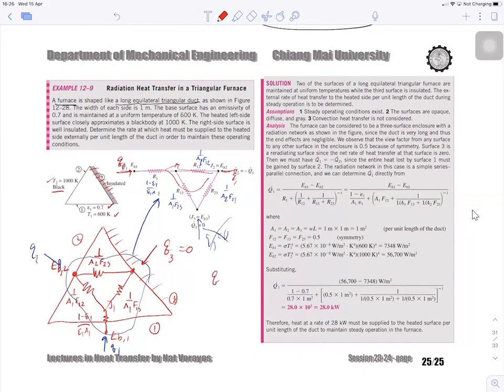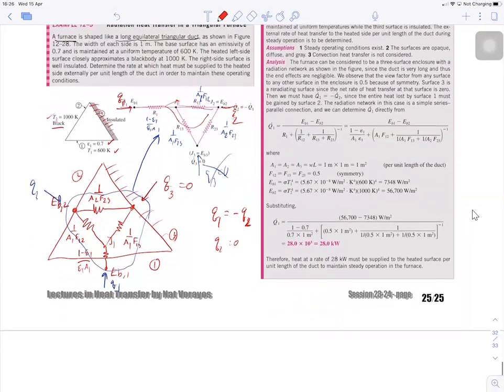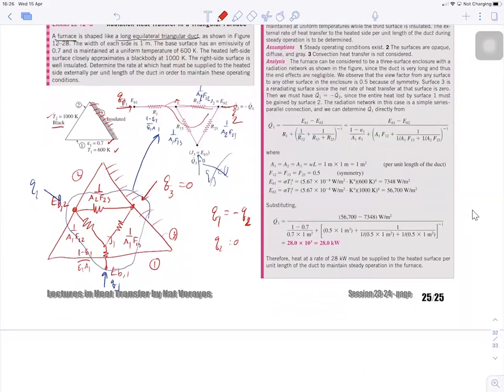We know right away that Q1 is going to be minus Q2, and Q3 equals 0. So in this resistance, it's going to be in between EB1 and EB2. My Q1 is going to be equal to EB1 minus EB2, which gives sigma T1 to the 4th minus sigma T2 to the 4th.